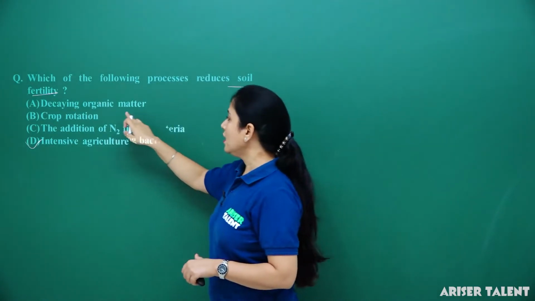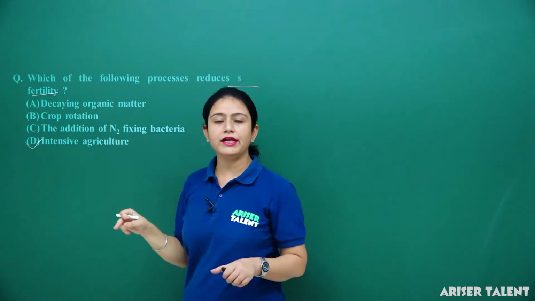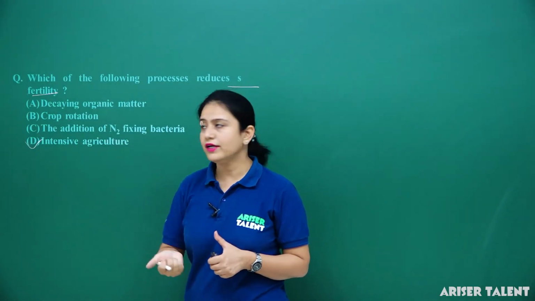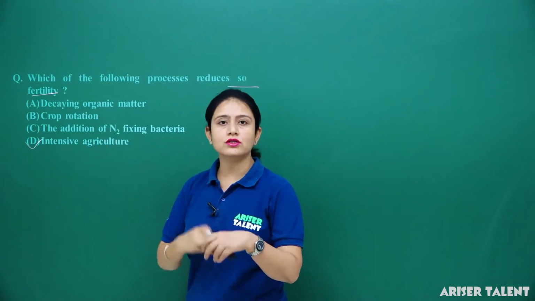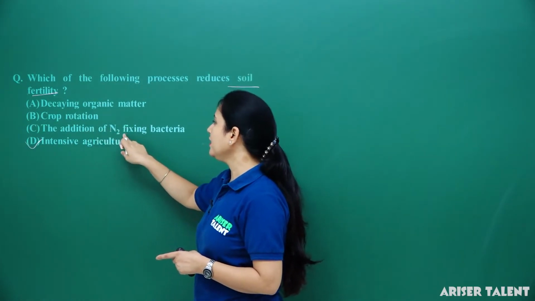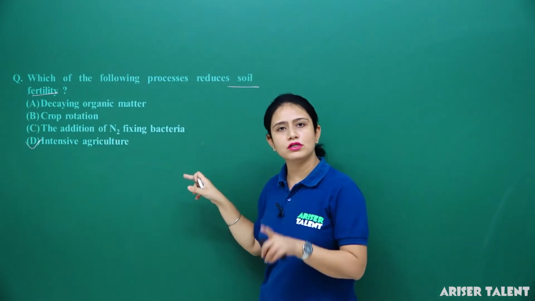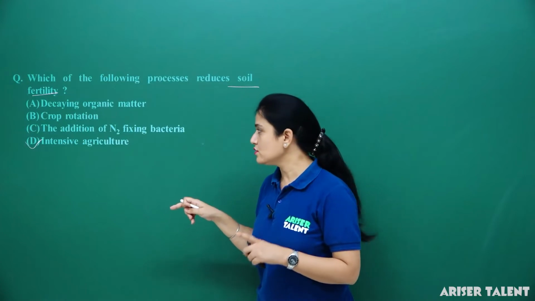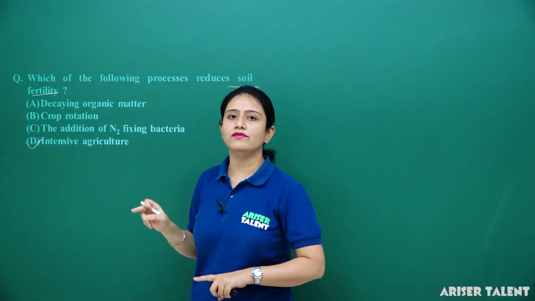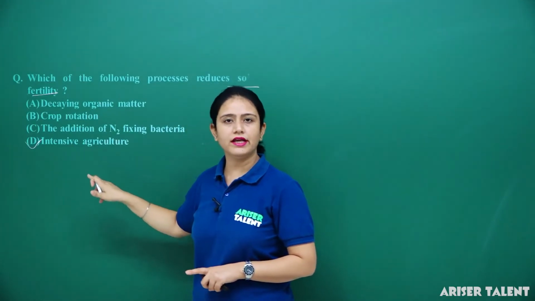Why? Because if organic matter is decayed, that is decomposition of organic matter, it will definitely improve soil fertility. Crop rotation is also done to improve the soil fertility, and if we add nitrogen fixing bacteria, that will also improve the soil fertility. So what is the process which will reduce soil fertility? That is intensive agriculture.